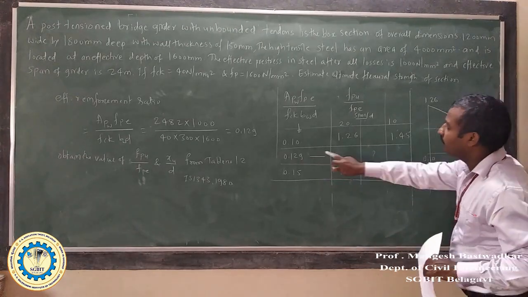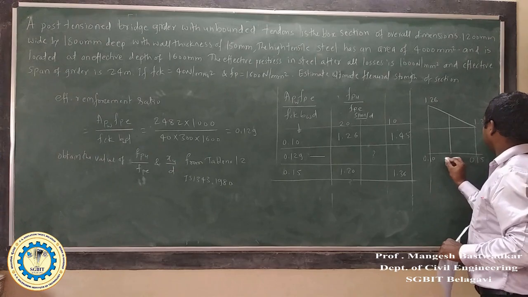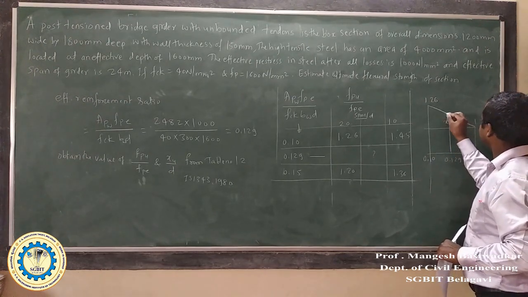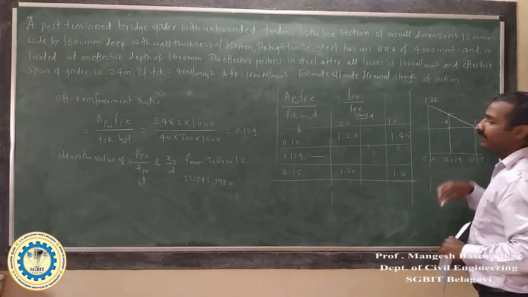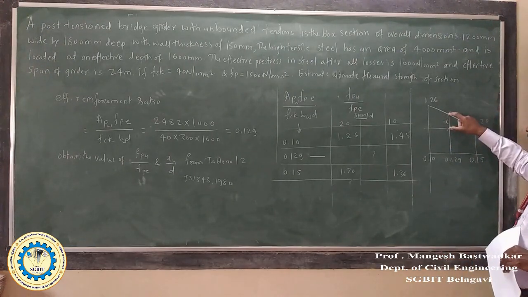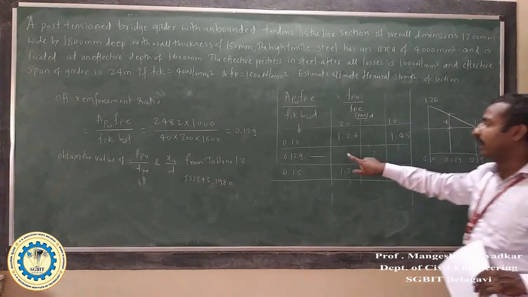For 0.129 we require this value. Okay, so this is 0.129, and this is x, up to this we will consider. If you interpolate this value, then add it to this, you will get this value.